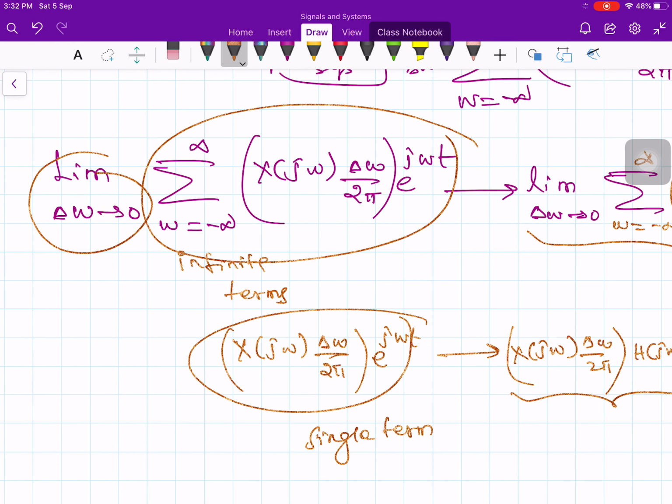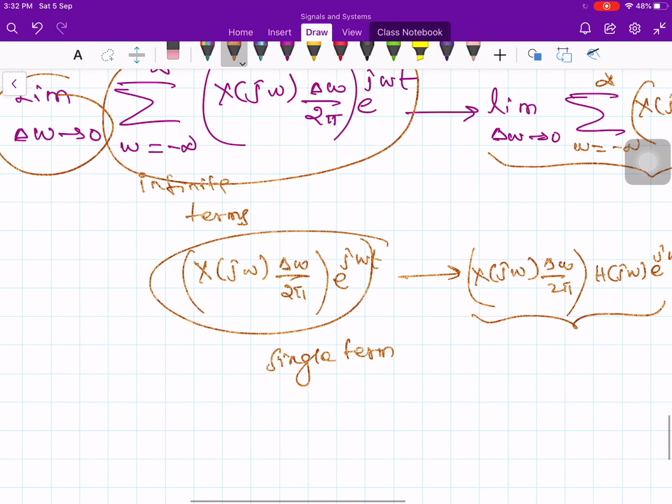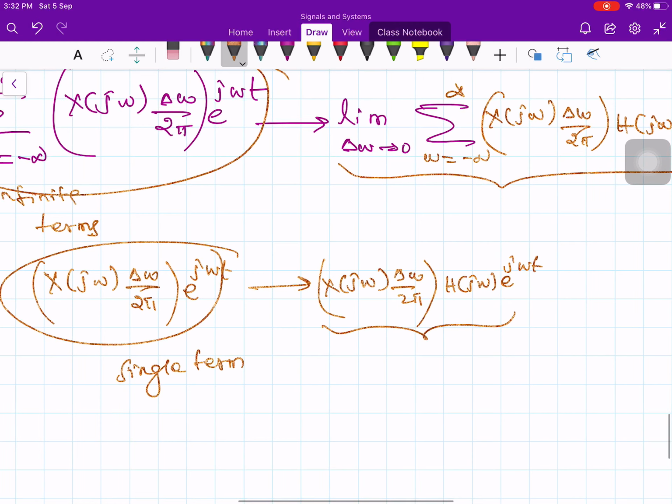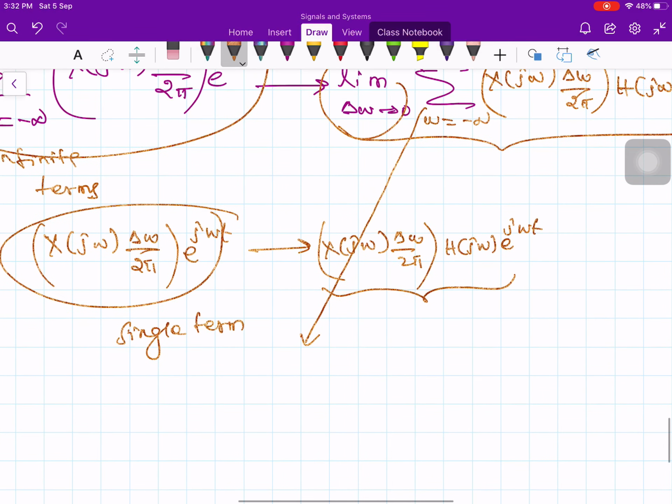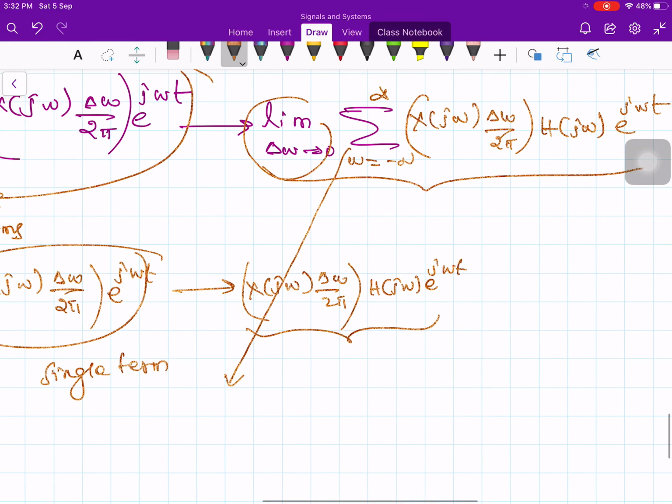So since the integral is viewed as the limit of such quantities, if delta omega goes to 0, then what happens? The summation becomes integration. Okay, therefore from this above one, this 1 by 2 pi is constant.